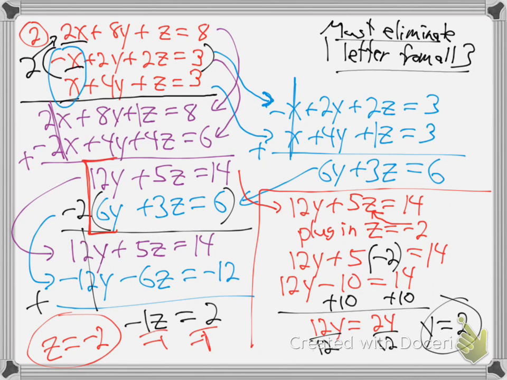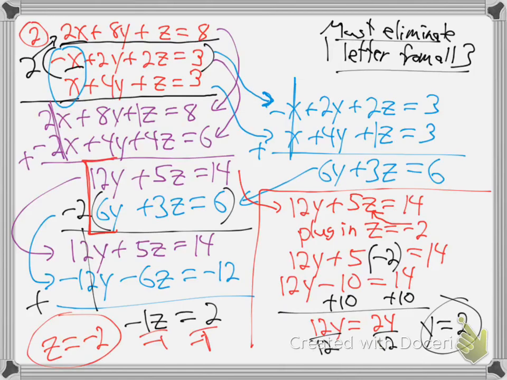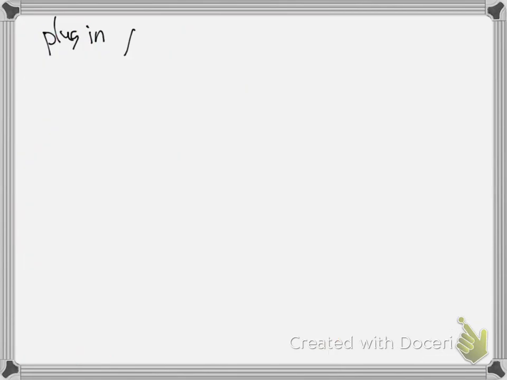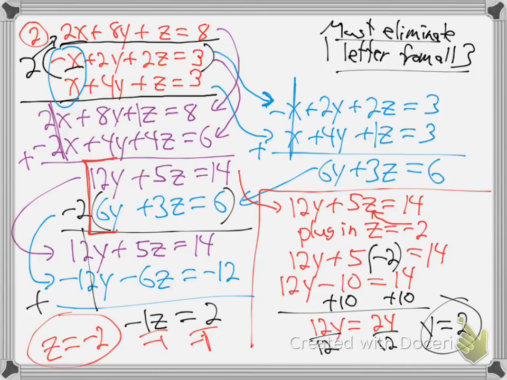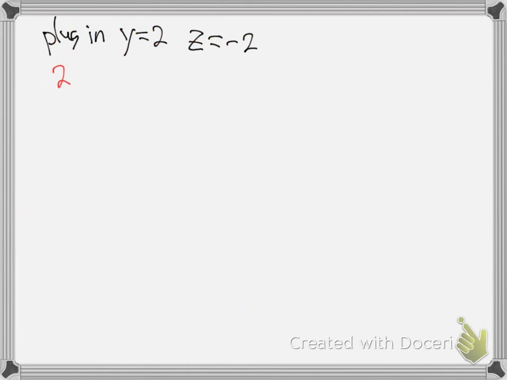So I've got z, I've got y, and now I've got to get x. How do I get x? Now you go back to the very beginning. Just grab the first equation, doesn't matter. So I'm going to plug in. What do I got here? Y is 2, z is minus 2. The first equation is 2x plus 8y plus z equals 8.